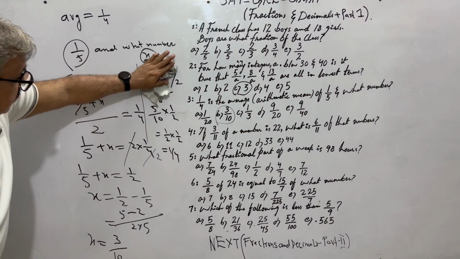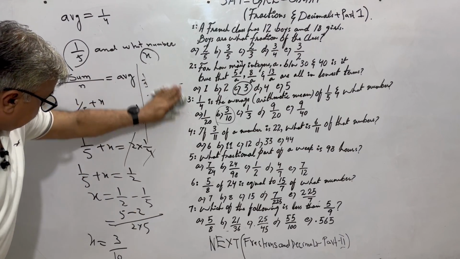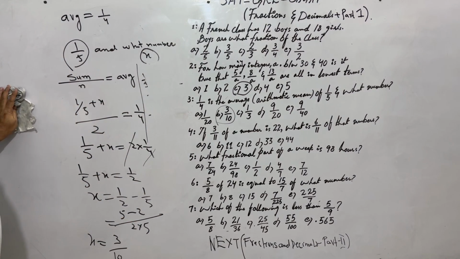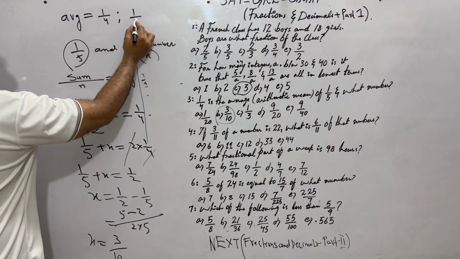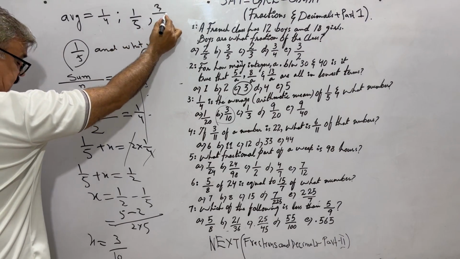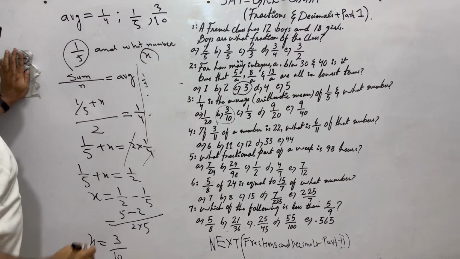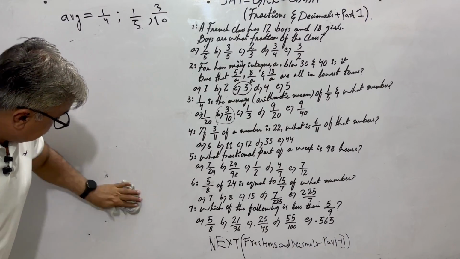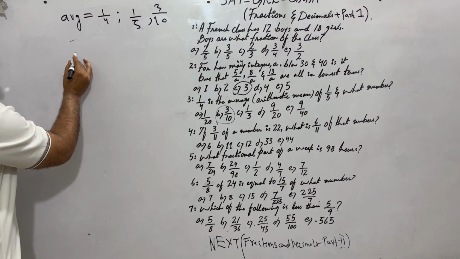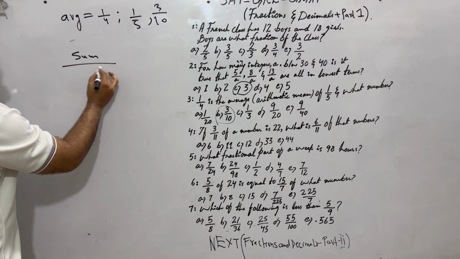Let me verify again for you. A is 1 over 5. One number is 1 over 5 and we have arrived at the result 3 over 10. Let's verify its average is 1 over 4. Two numbers are involved.